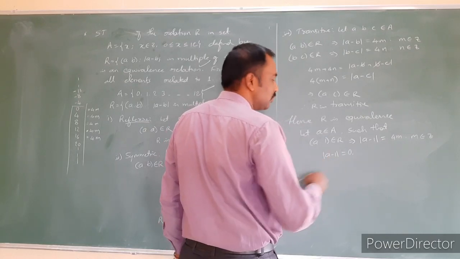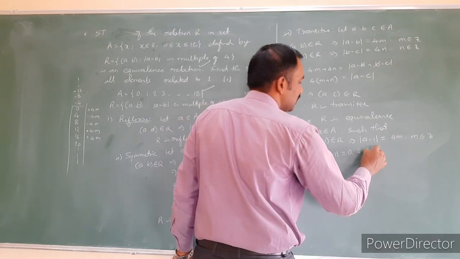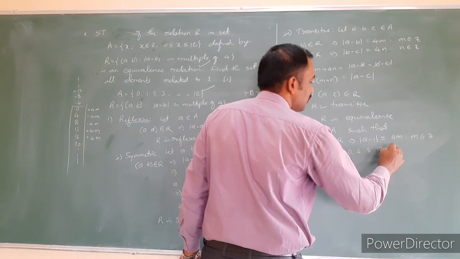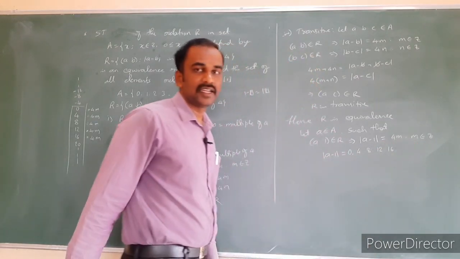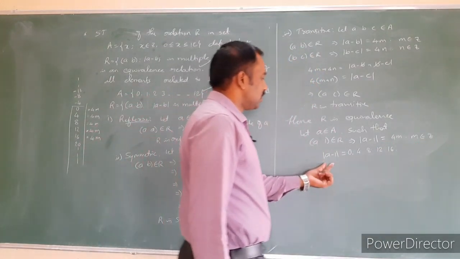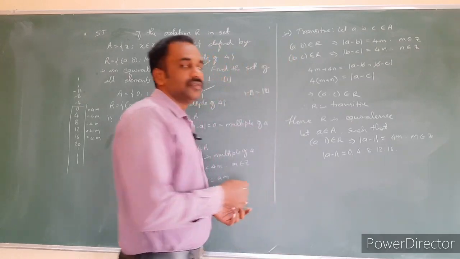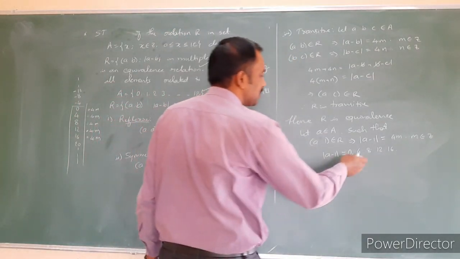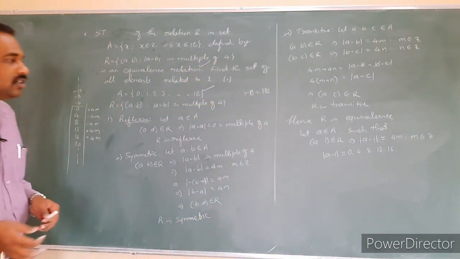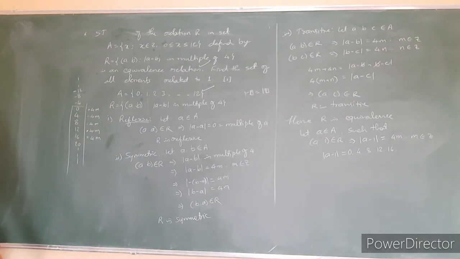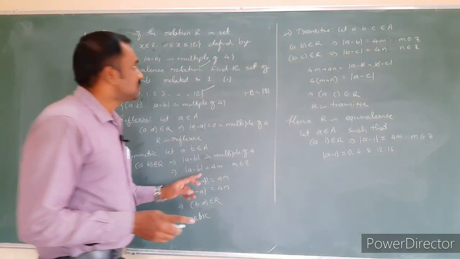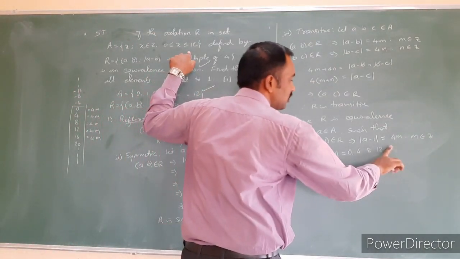Either 0, 4, 8, 12 and 16 like that we can get. So on replacing, what are the possible values of a we can get? Here only 16 is not possible, 16 is out of this set.